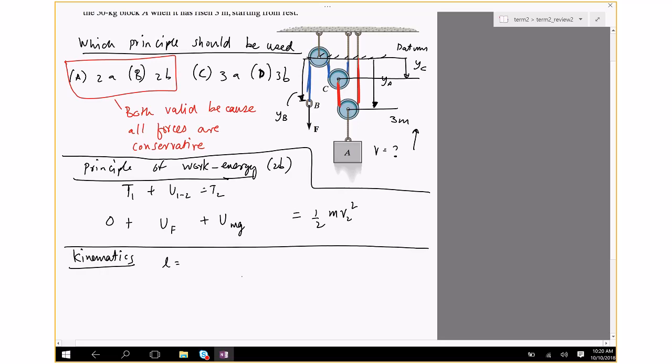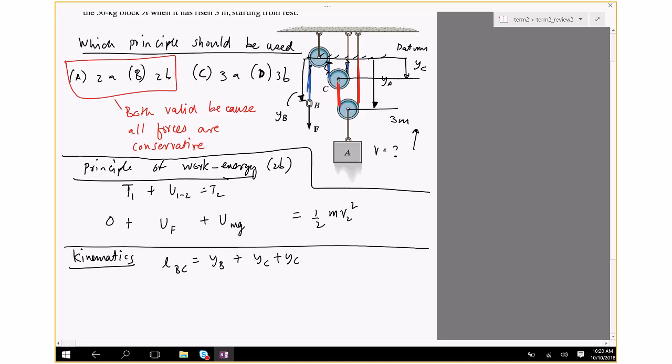Length of the cable BC equals YB, which is the left half part, plus YC plus YC. YC is the part on the left and right of pulley C.